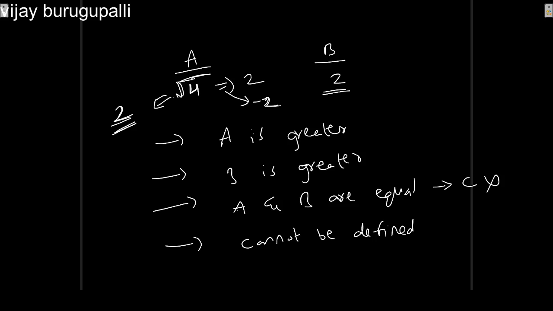If the value is 2, then we can say that A is equal to B. If the value is minus 2, then B will be greater than A. So in this case, we cannot define the value of A. It can be either a positive value or negative value. We cannot define it exactly. So the correct answer for this question is that it cannot be determined.